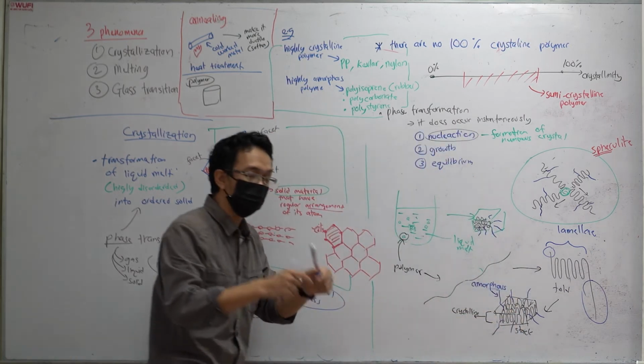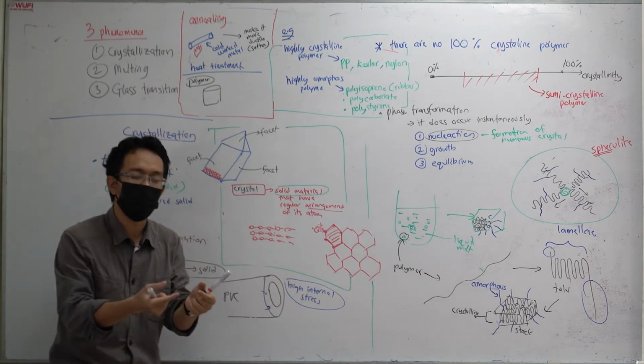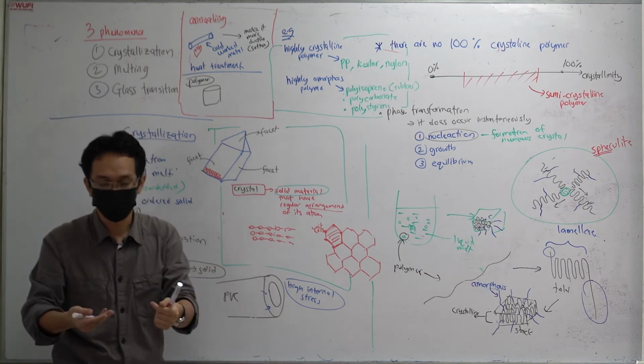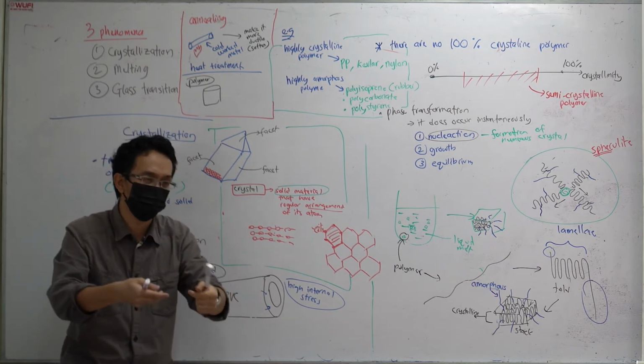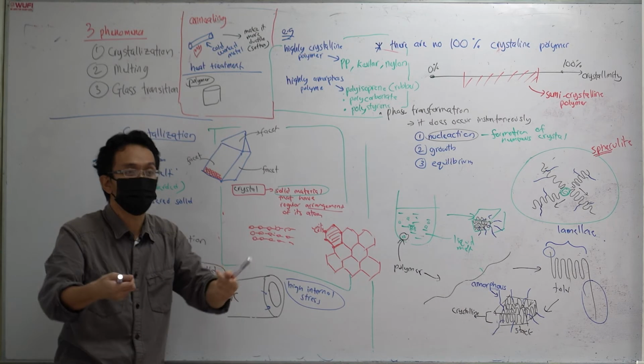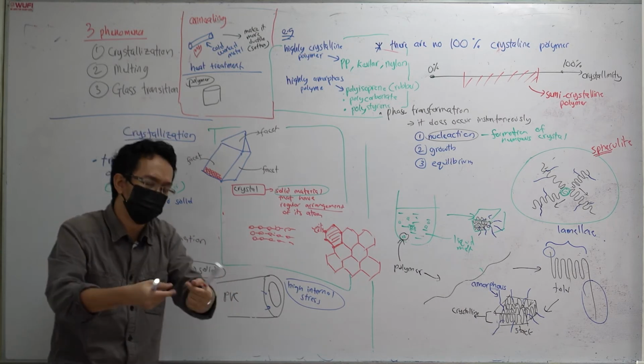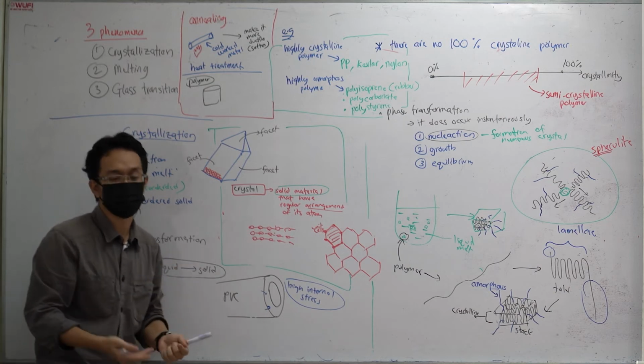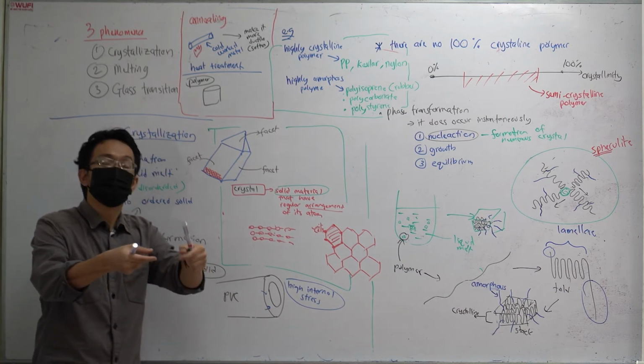So normally the amorphous material has a lot of internal stress inside. For crystalline material, we don't talk about the internal stress because crystalline material is typically strong. But something amorphous like glass, totally amorphous, has a lot of internal stress inside.